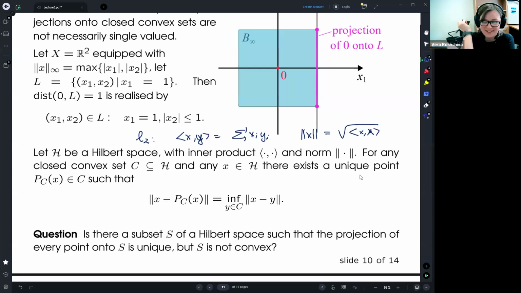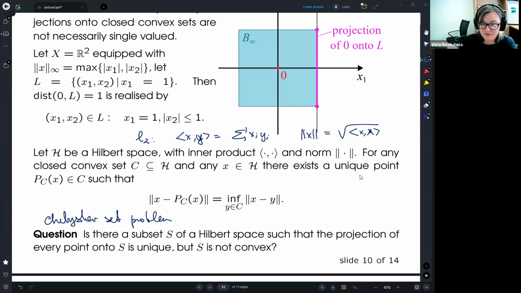And again, if you are working in infinite dimensional spaces, you're probably aware of this very famous problem, sometimes called the Chebyshev set problem, or Klee problem, and so on, which is to prove or disprove that if you have a subset of a Hilbert space such that the projection onto that set is unique, which means that this set is Chebyshev, that's the definition of a Chebyshev set.